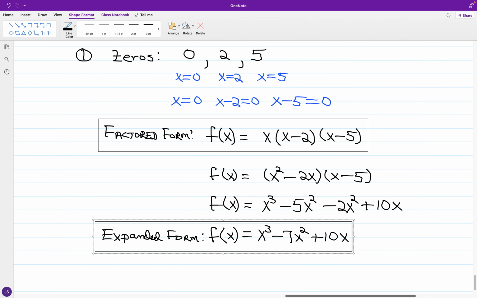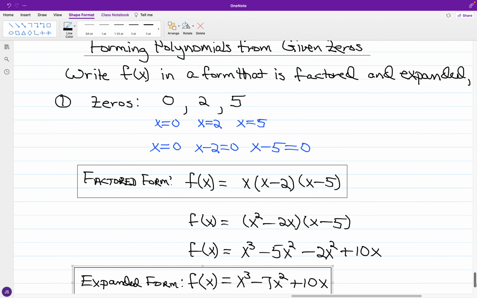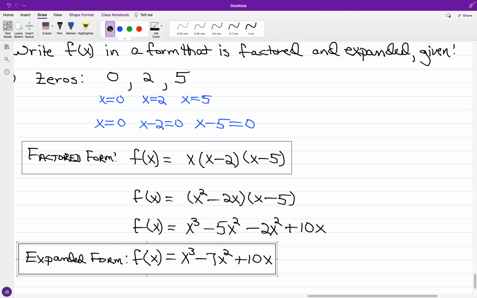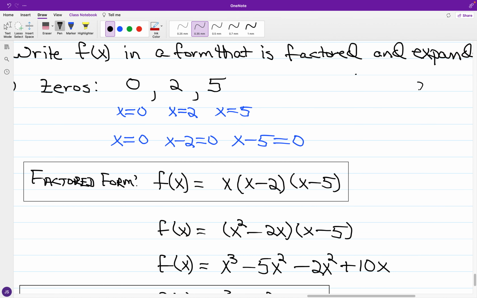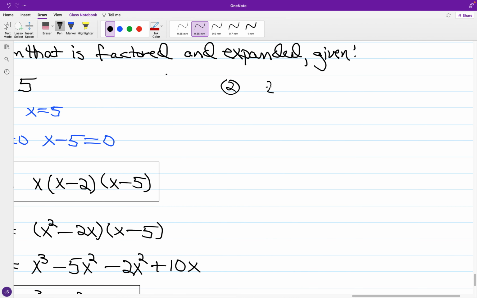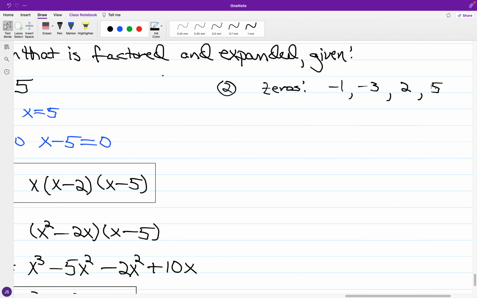And just as a last case here, if I'm looking for a factored and expanded form, we'll say that for the zeros we have negative 1, negative 3, 2, and 5.